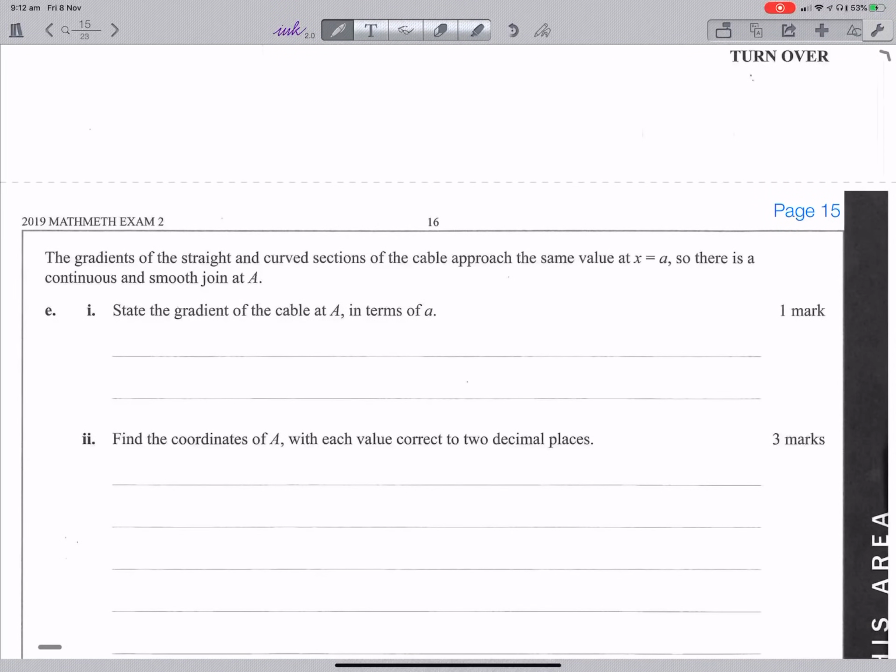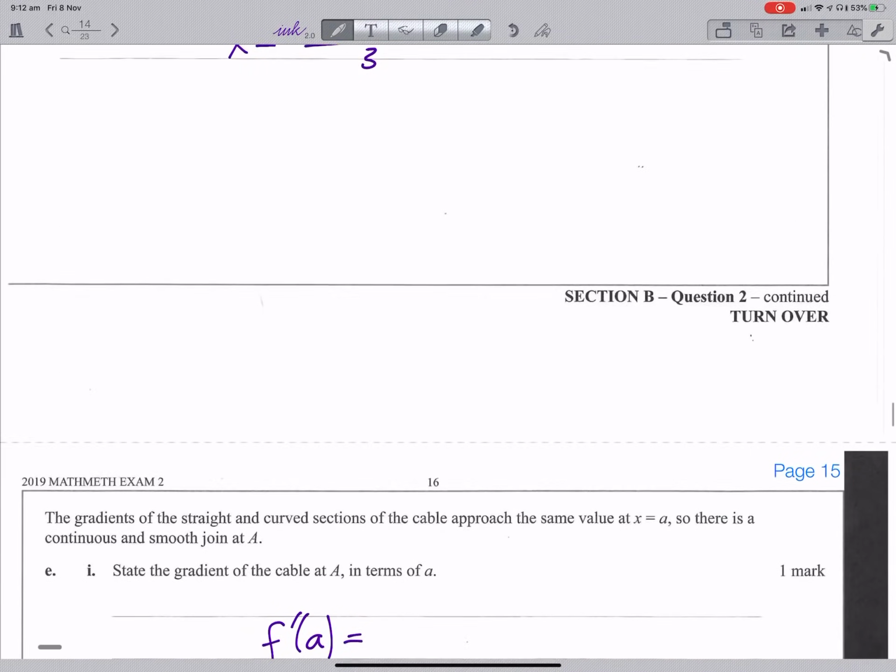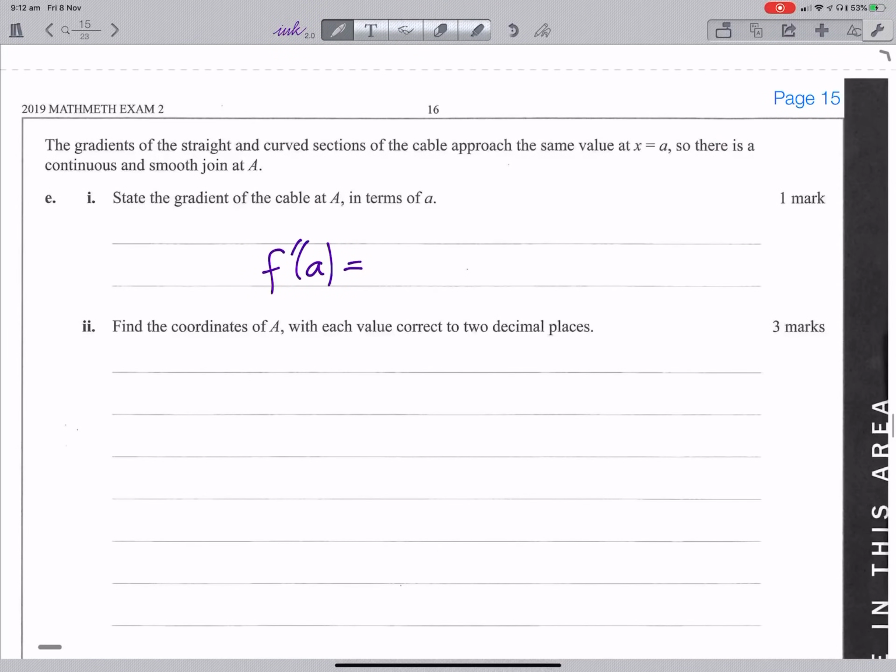The gradients of the straight and curved sections of the cable approach the same value at x equals A, so there is a continuous join. State the gradient of the cable at A in terms of A. That's a weird one. 9A minus 10, A minus 30 on 2000, was it?